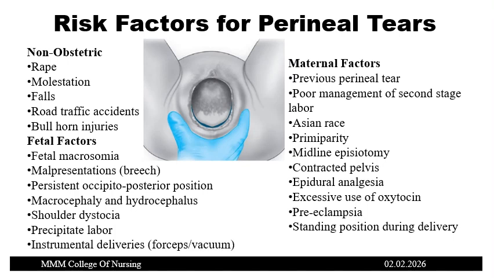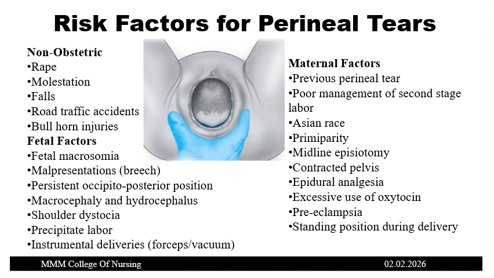We'll move on to the risk factors for the perineal tears. First is non-obstetric causes. It is done by rape, molestation, falls, road traffic accidents, and bullhorn injuries. And then the fetal factors: large baby, breech or abnormal position, shoulder dystocia, precipitate labor, and instrumental delivery.